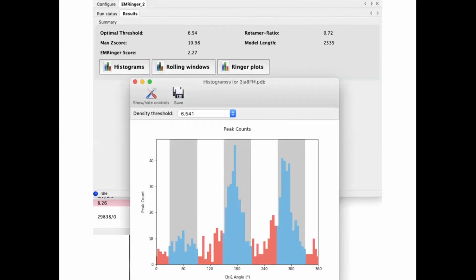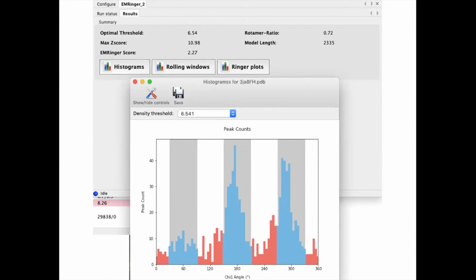So this shows EM Ringer, which I mentioned, which is available in the validation GUI in Phenix. I guess it's separate from the validation GUI. I'm not quite sure why. But what EM Ringer does is it looks at the position of your C beta, and it looks around in a ring at where the C gammas would be in the staggered positions.